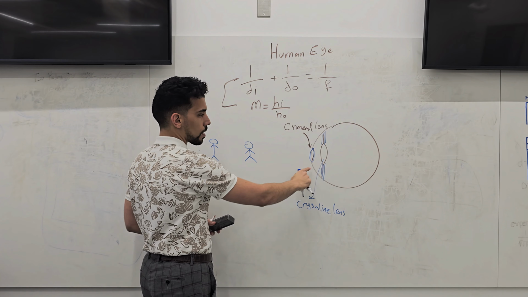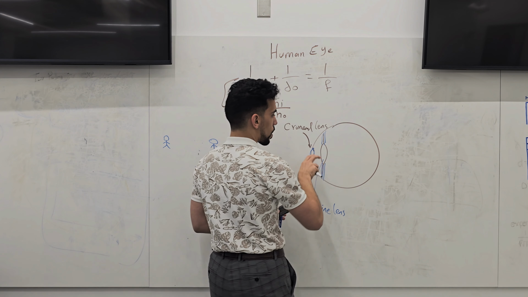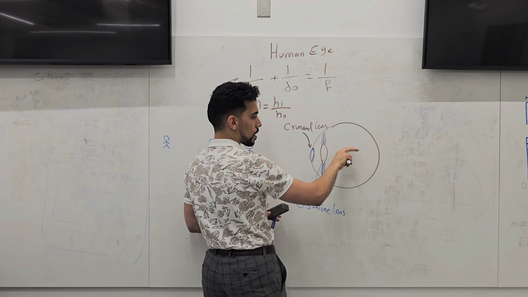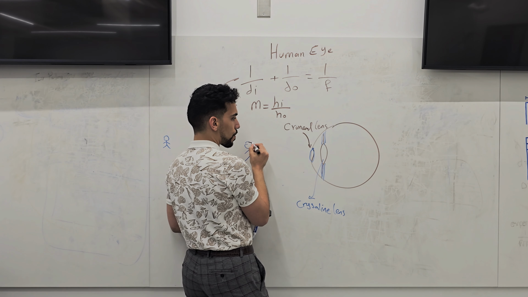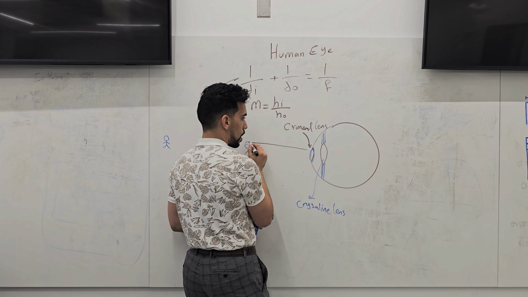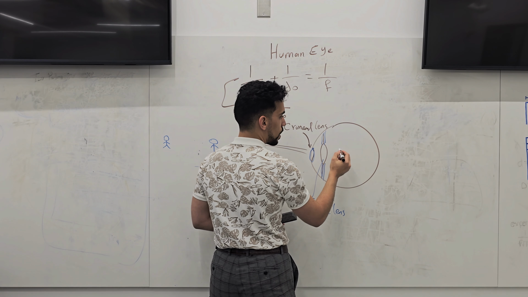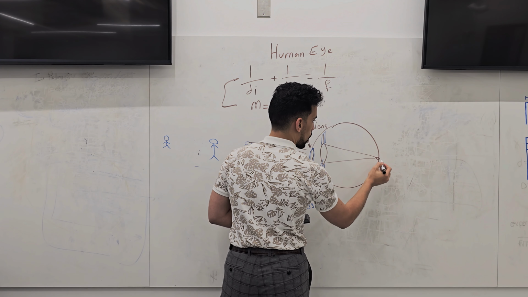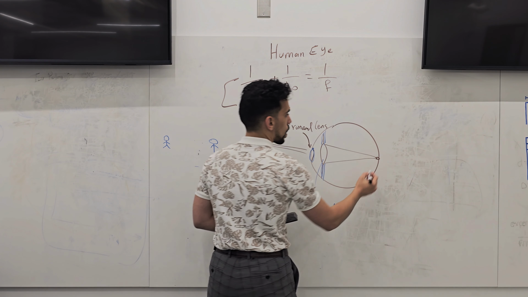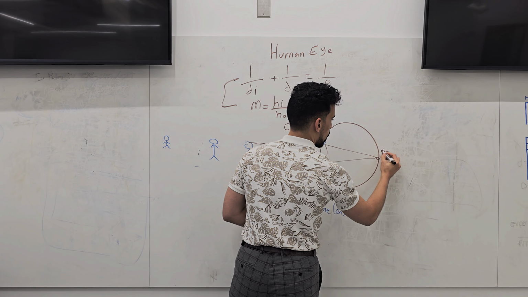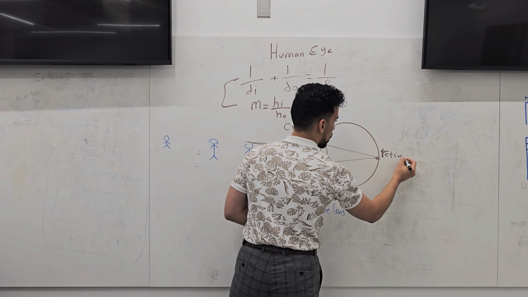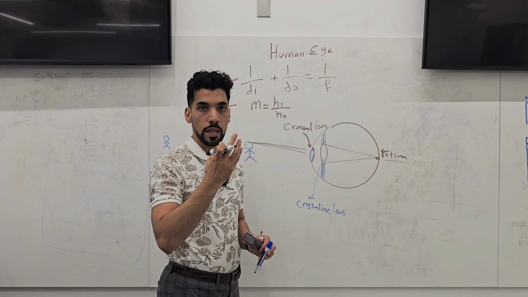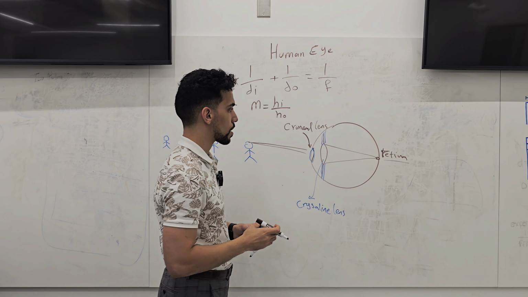It can see at different distances, so we need to converge the lines that come from the source itself onto the retina here, which has the vision nerve, so that you have the sensation of the light or the image itself.